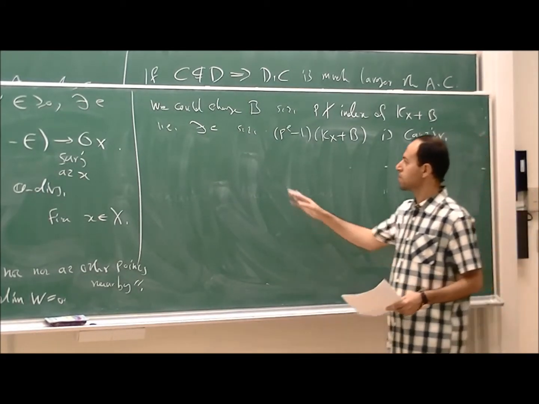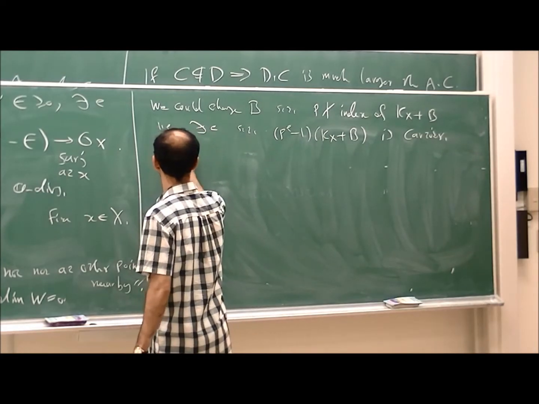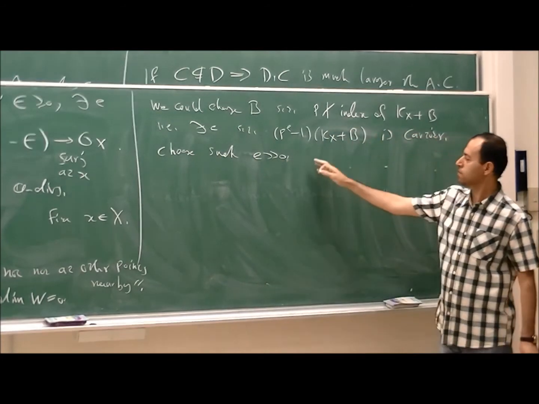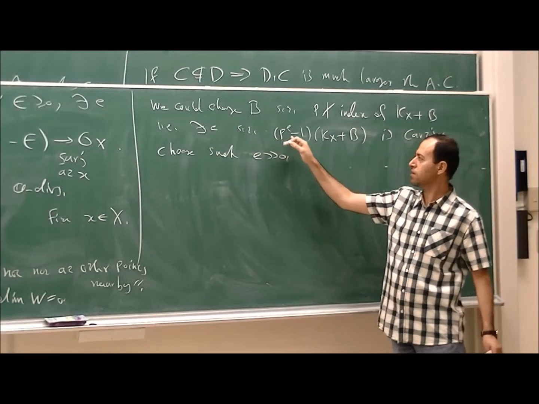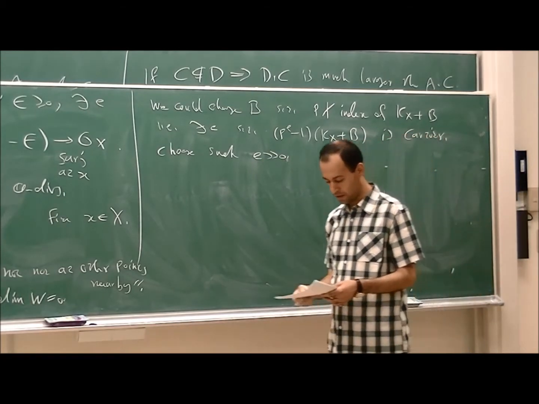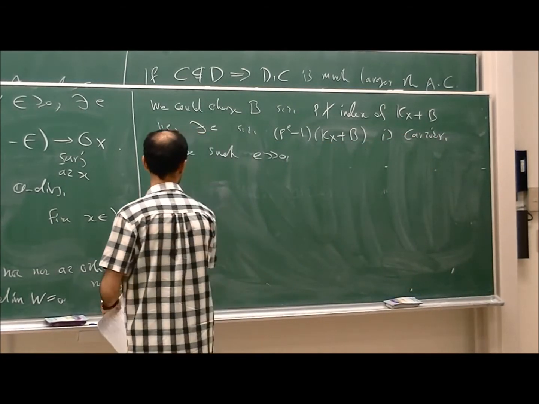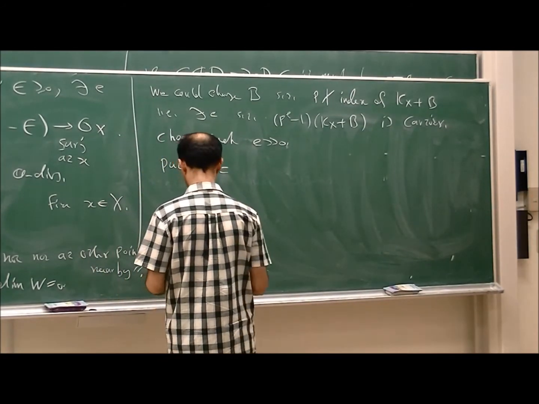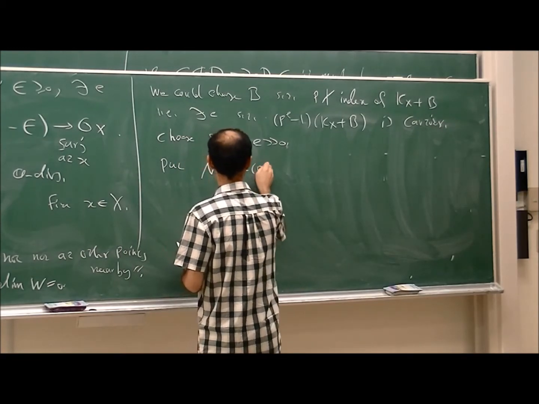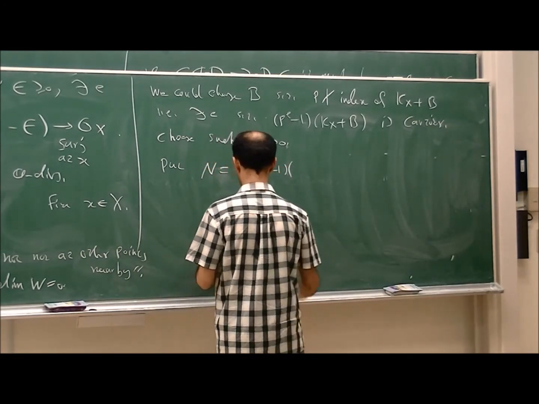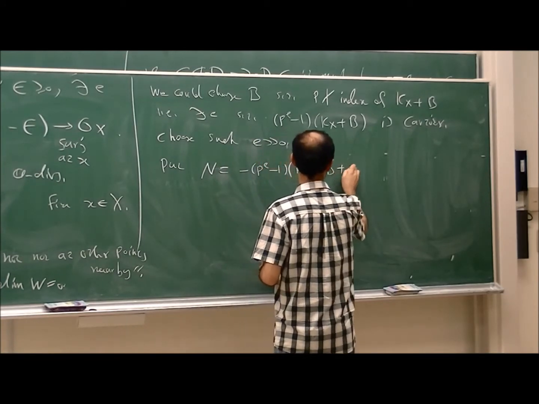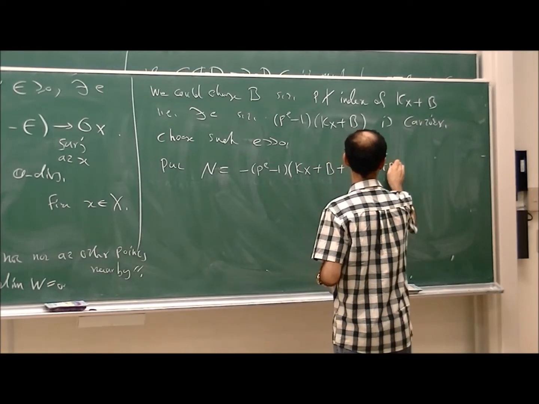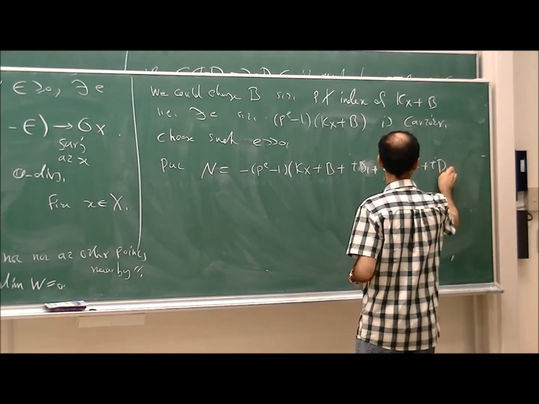Okay, so we choose one of these e's, maybe very large. For some simple arithmetical reasons, when there is one e like this, there will be infinitely many. So you can choose maybe something very large, and then put N to be equal to this divisor, and we will see in a minute why I define this: K_X plus B plus t times D1 plus t times D2 and so on.